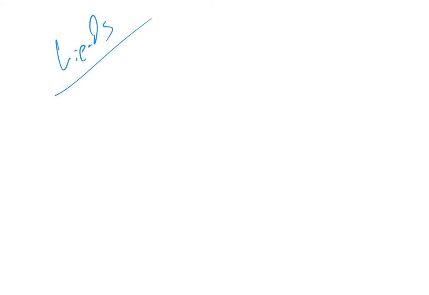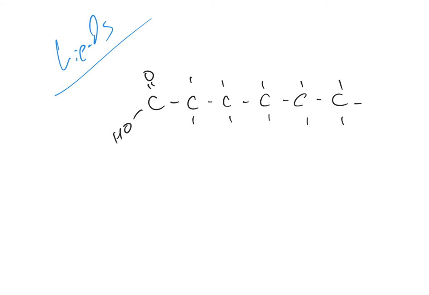Okay, so on one side you have a carboxyl, right? So you have C, double bond, O, H. And then you have C, C, C, C, C. Okay, so you have all your H's. You do not need to write a H. A line to nowhere means H.